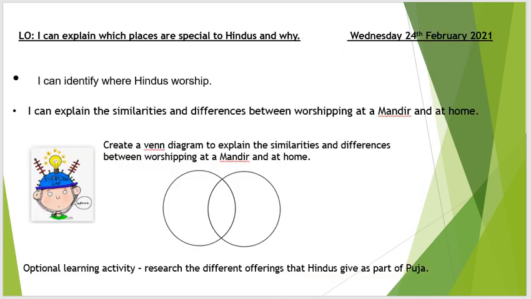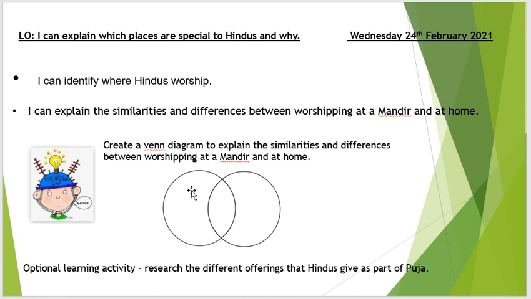Okay, so this is our activity for today then. So you'll remember that we are explaining which places are special to Hindus and why. We've identified where Hindus can worship. We're going to start by thinking about the similarities and differences between worshipping at a mandir and at home.